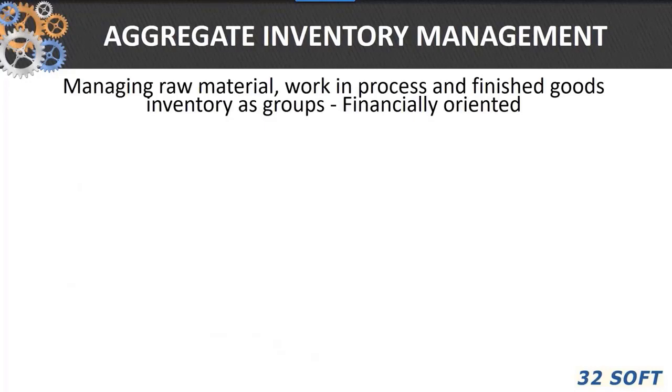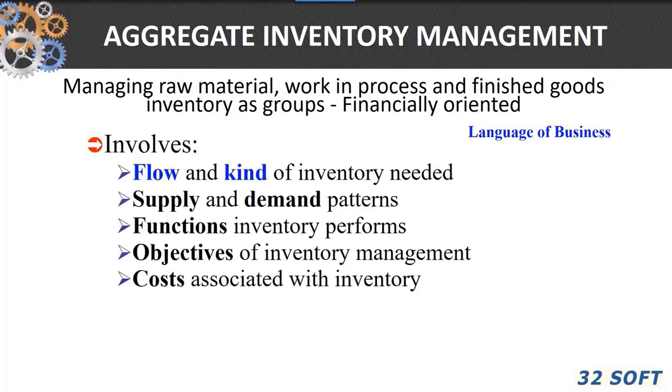They need to look at inventory, managing raw material, work in process, finished goods at a dollar level, because money, as we've talked about, is the language of business, and we want to be able to translate our inventory, the flow, supply patterns, functions, objectives, costs associated with inventory, into language where we can tell the rest of the organization, especially finance and senior management, what kinds of inventory we have, what the flow is, what our projected sales are going to be. That is the responsibility of senior management.